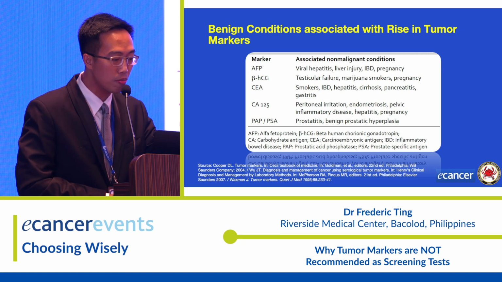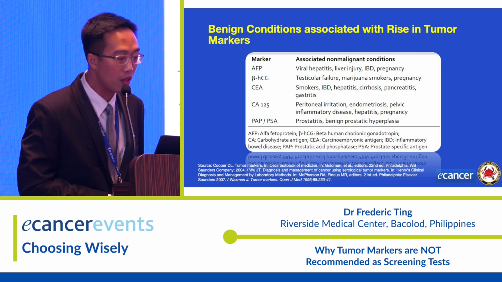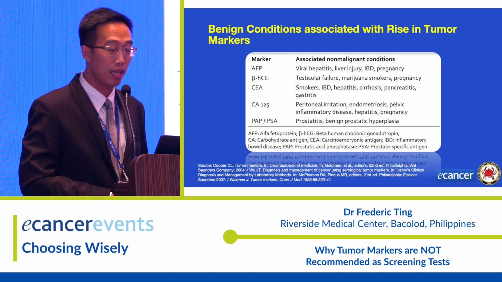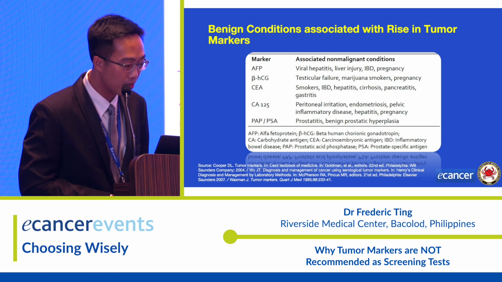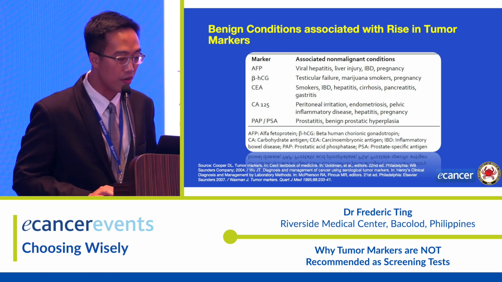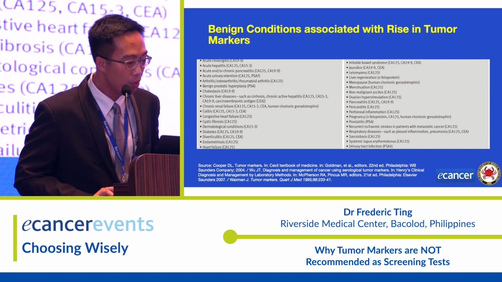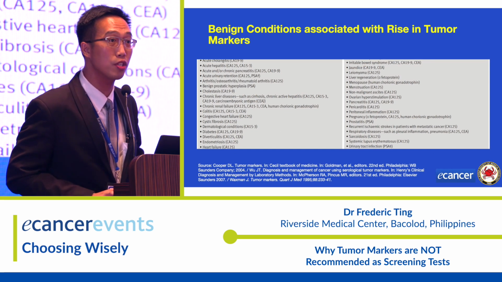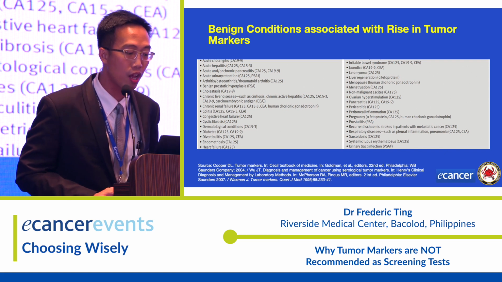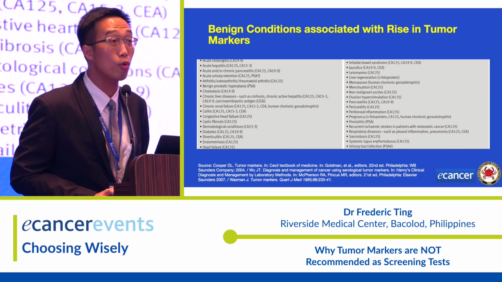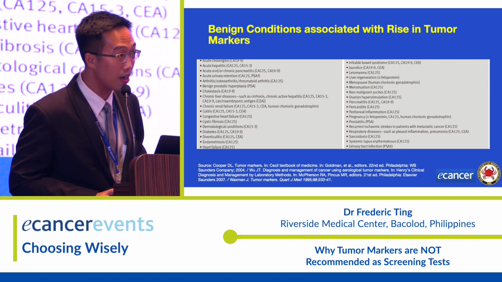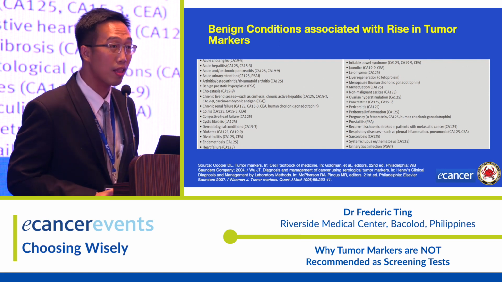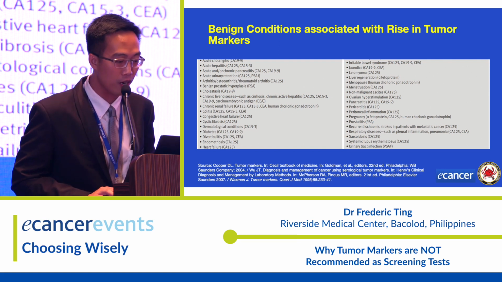Patients who use marijuana and have testicular failure may have elevated beta-HCG, and so on and so forth, which you can review in the slides. Moving forward, these are the different benign conditions that can also be associated with a rise in tumor markers, thus significantly decreasing their specificity.